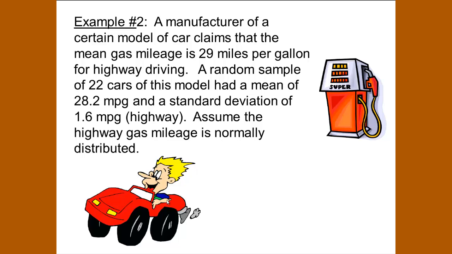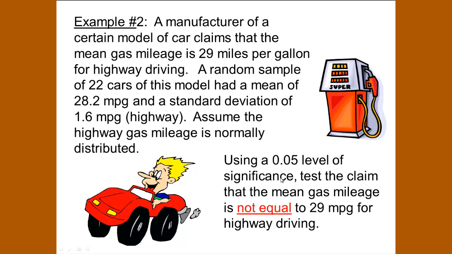Assume that the highway gas mileage is normally distributed. Using a 0.05 level of significance, test the claim that the mean gas mileage is not equal to 29 miles per gallon for highway driving.